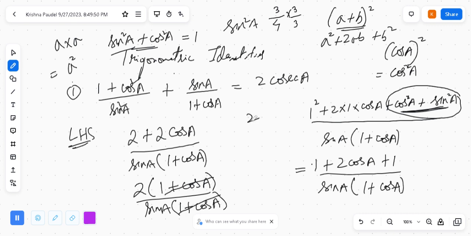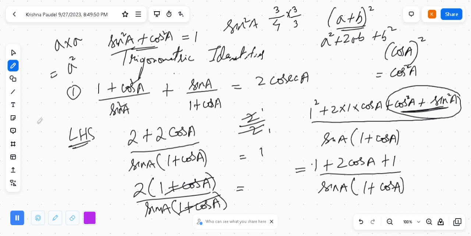And we have learned that if two same things are in numerator and denominator, then the answer is 1, because 2 ones are 2, 2 ones are 2, so 1 by 1 is 1 only. Same way, 1 plus cos A divided by 1 plus cos A is 1 by 1, which is 1.